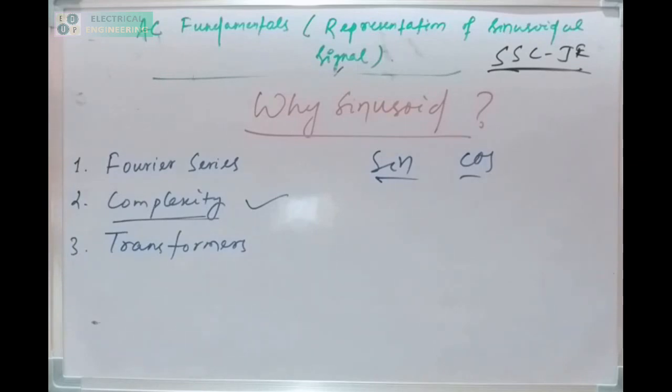And it is only possible in the case of sinusoid, right? If we give a sinusoid on the input side, we will get a sinusoid again. Yes, it may have a different peak value or RMS value, but we will get a sinusoid only, okay? If we give a sinusoid at the input side, the output side will also get the same sinusoid.